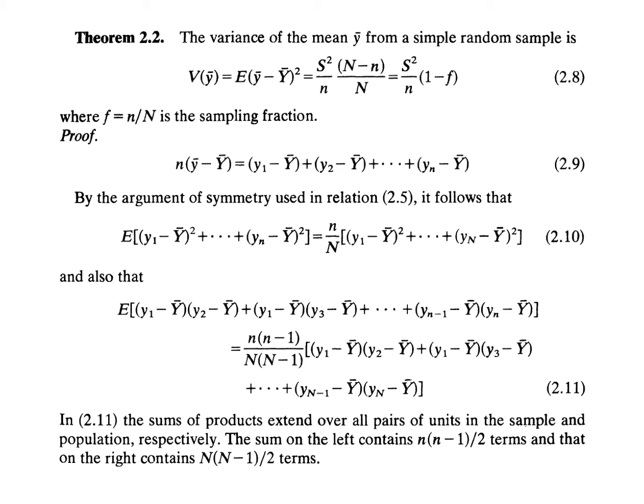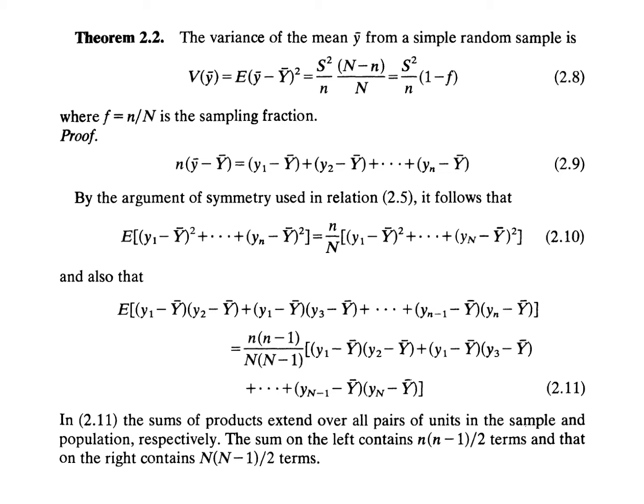We can prove this theorem by the following steps. Let's take n as the common factor for y bar minus Y bar, so the summation of (y1 minus Y bar) plus (y2 minus Y bar) up to (yn minus Y bar).